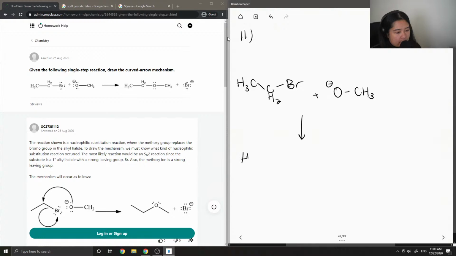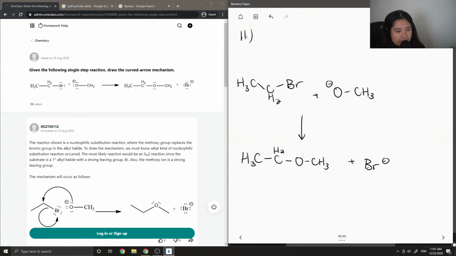And even just looking at the product that is given, we can kind of guess what happens in the reaction. You can see that the bromine is replaced with the oxygen, and this is Br minus.